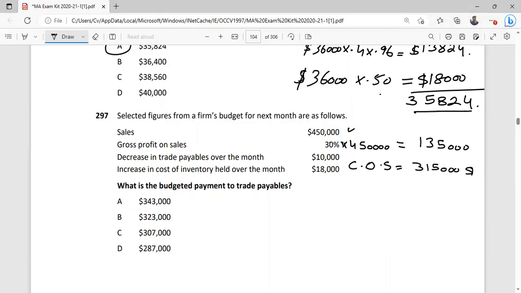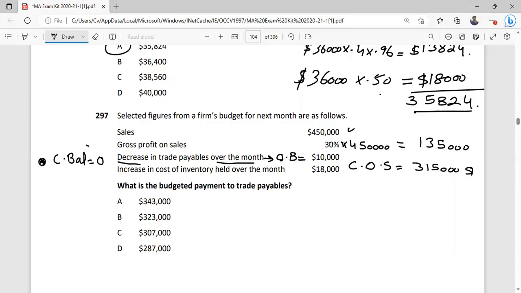Decrease in payables over the month. Over the month means what? It is the opening balance. Decrease means opening balance was 10,000 and now it has reduced by $10,000, which means now closing balance is 0.